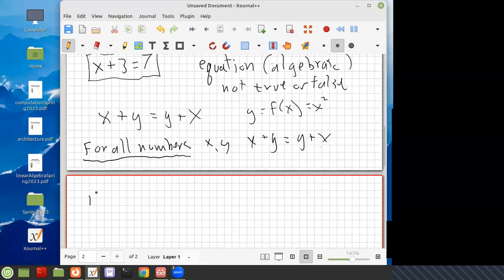But on the other hand, if I said for all numbers x, x plus 3 equals 7, well, that would be a proposition. It'd be a claim, but it's false because if I chose 4, it's true, but if I chose 5, it's false. So it isn't true for all numbers x. This is a proposition, but it's false.